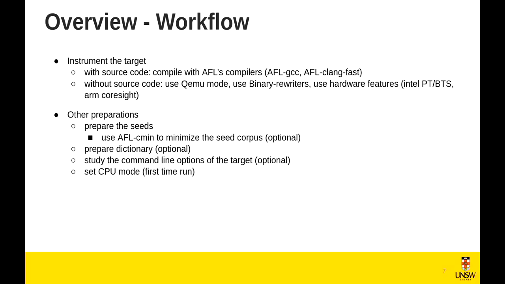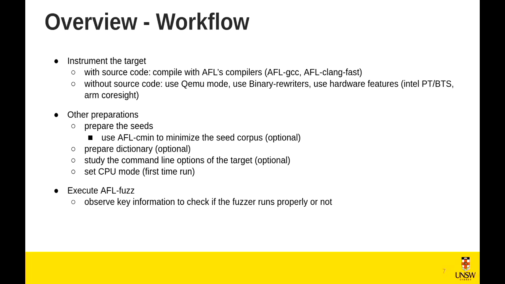We should also study the command line options of the target to see what the potential attack surfaces are. And the last one is, if we run AFL for the first time, we should set the CPU performance mode of the machine we are using. But we will talk about this in the practice today.